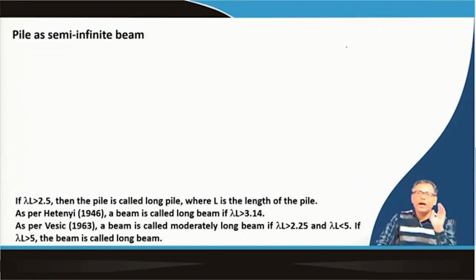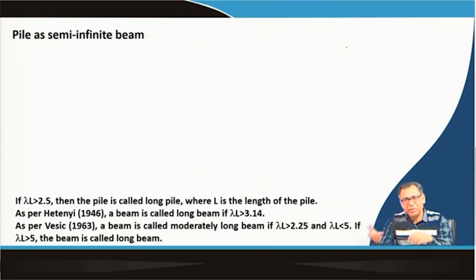If lambda L is less than 3.14 or 2.5, then you can go for the pile as a finite beam. If it is 2.5 to 5, then you can use either a finite beam or a semi infinite beam. If it is greater than 5, then you have to use it as a semi infinite beam.